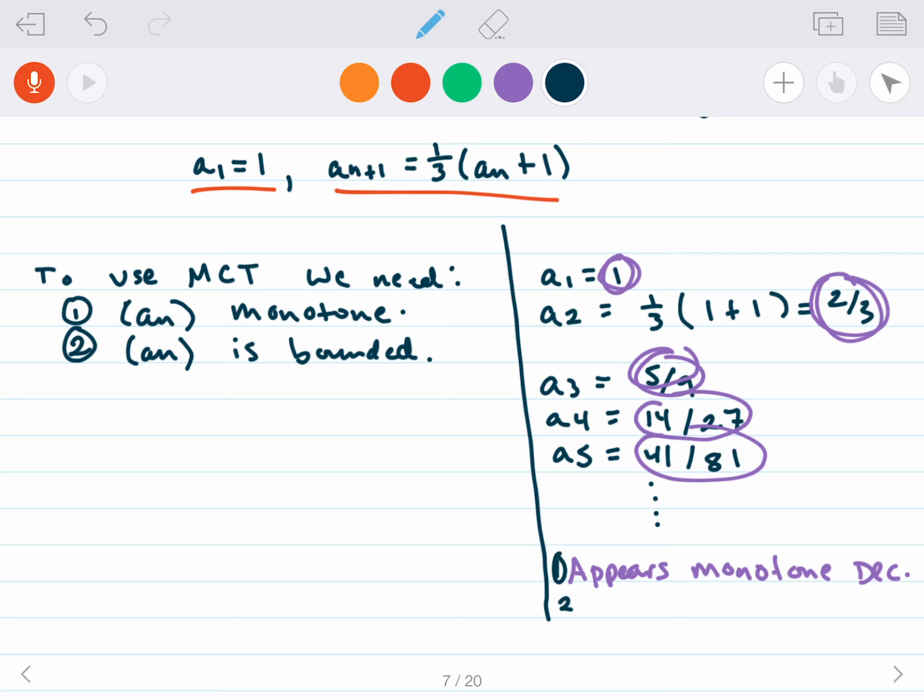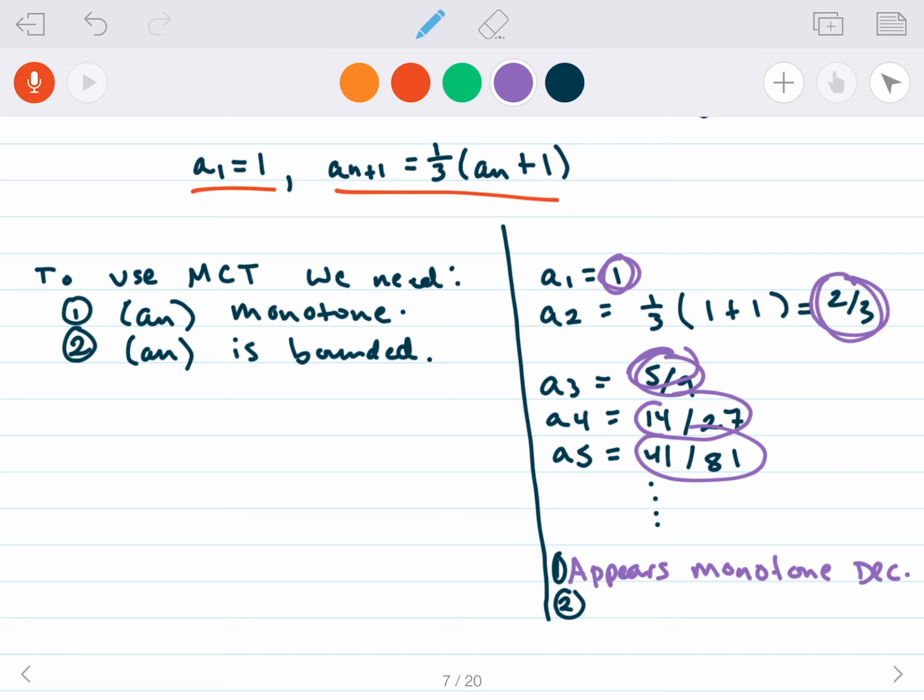And then the second thing, what looks to be the case for our boundedness, is it looks like this sequence is bounded below by 1/2, right?